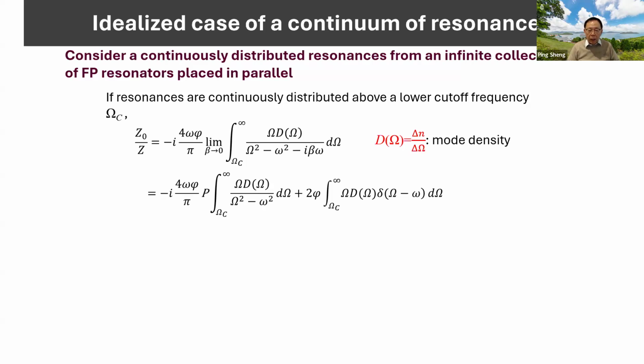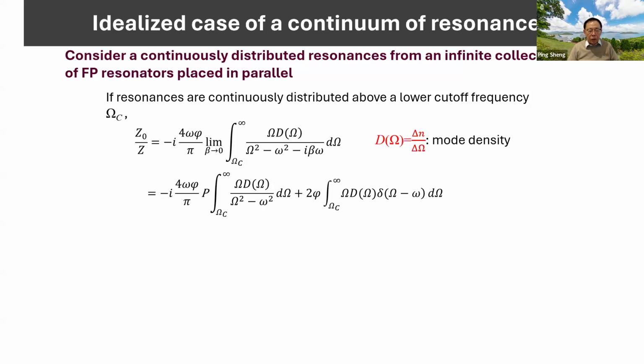Phi here is the ratio of the open ends of the Fabry-Perot resonators to the total area of the resonators placed in parallel, so the fraction is a non-dimensional number. And here d omega is the important thing, because that's the thing we want. We call this the mode density, that is, how you distribute the modes, the resonances, per unit of resonant frequency in this continuum. So this is the quantity we want to derive for a tunable target absorption frequency spectrum. Okay, so this is the most important thing. So it's denoted in red.